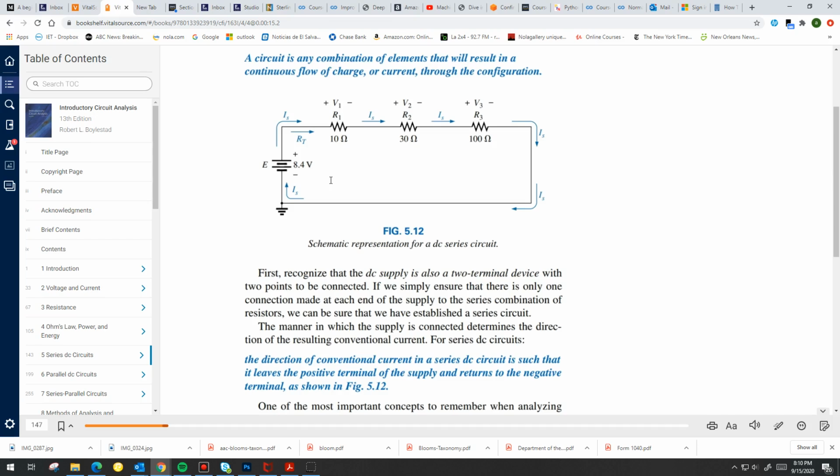The values of voltage by themselves don't give you the whole picture. The value of current by itself doesn't give you the whole picture. You have to know the polarity of the voltage, and you have to know the direction of the current, because that will determine many other things.